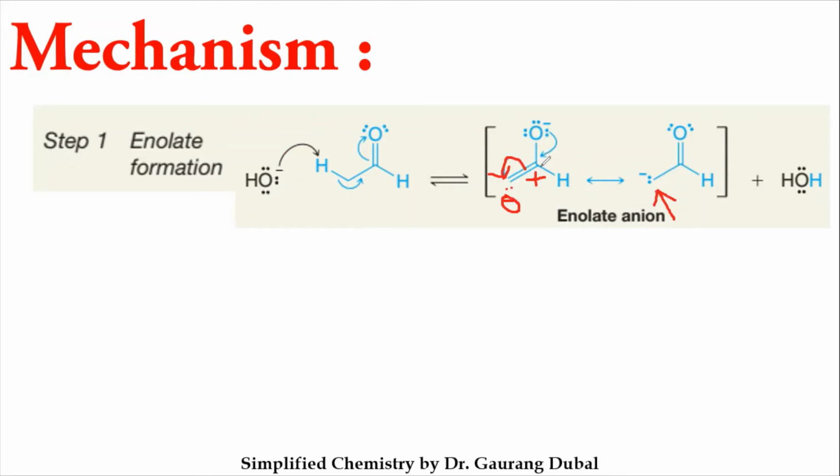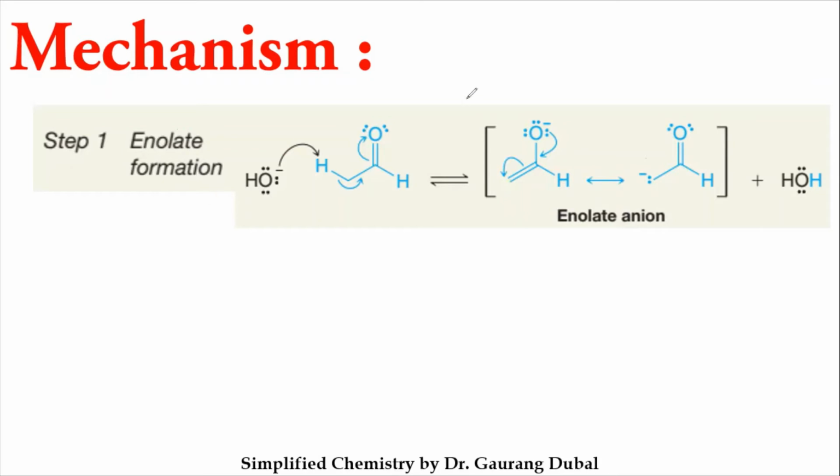Now the positive charge between the carbonyl carbon and the oxygen will lead to the formation of a pi bond by sharing of electrons. That will make it tautomerize into both positions equally, right? That may get tautomerized. Now in the next step, the first step is formation of the enolate ion.